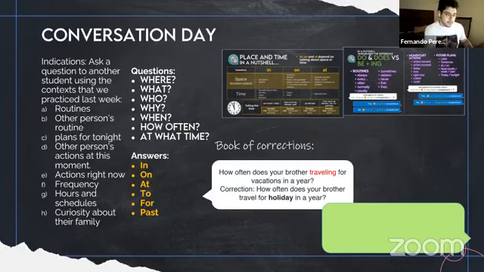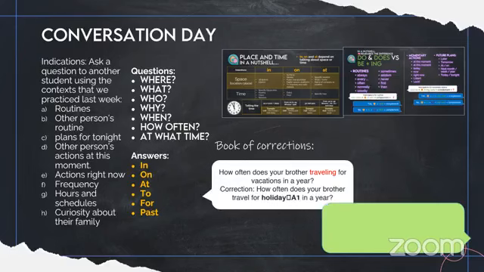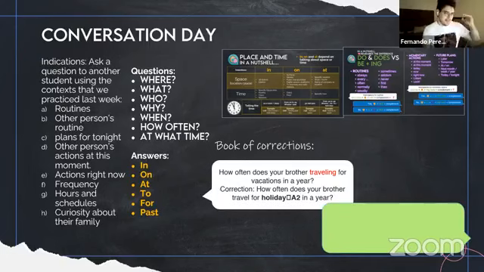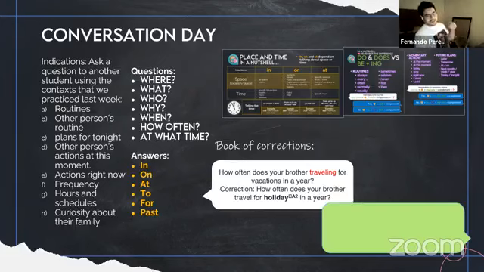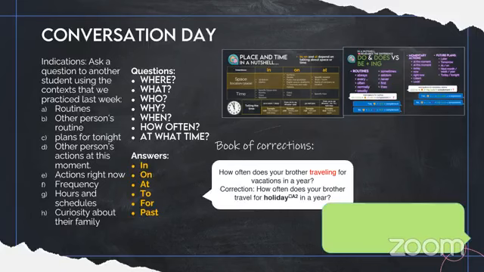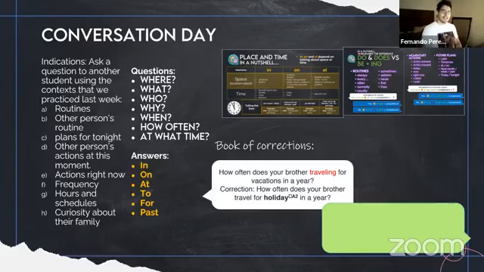It's more nice, more English, you know? Vacation is kindergarten English, holiday is pro. Perfect. So, Val, how often does your brother travel for holiday a year?